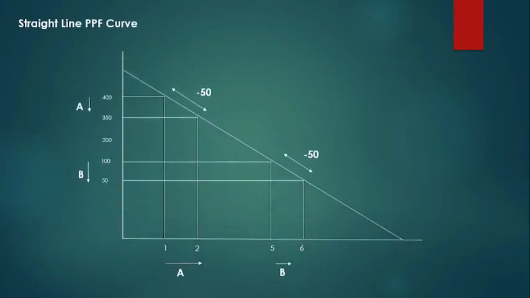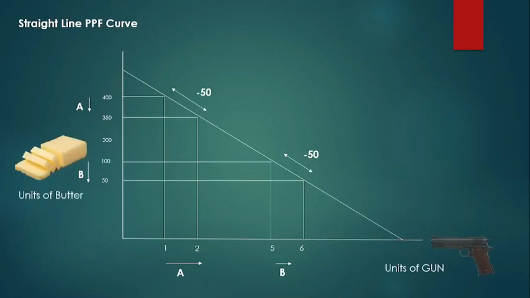At last we see the straight line PPF curve. So here is the curve, and we also added two goods, butter and gun. The straight line PPF curve is also called the constant opportunity cost. So let's exemplify why it is called the constant opportunity cost.